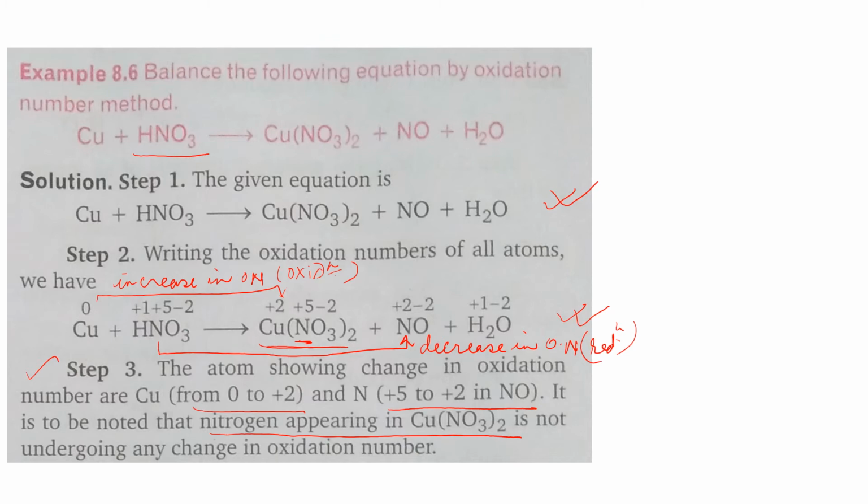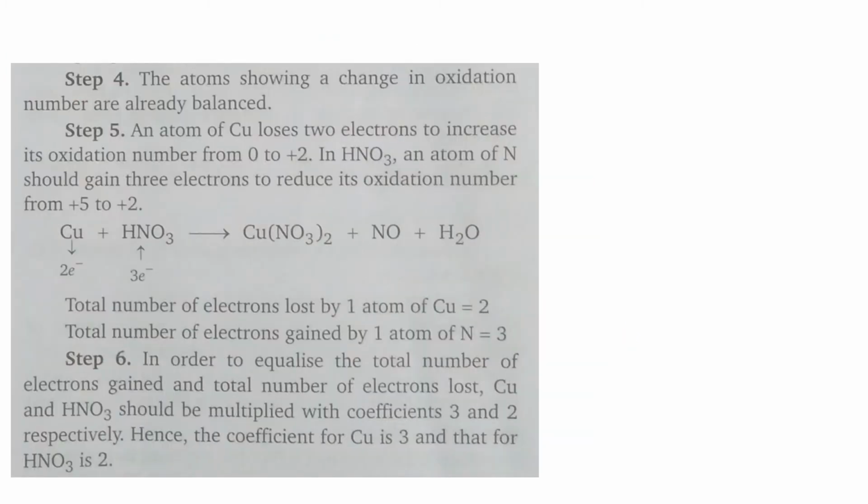Next, step number 4: the atoms showing a change in oxidation number are to be balanced. So what was my equation?